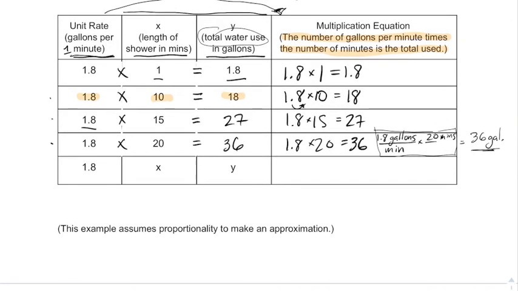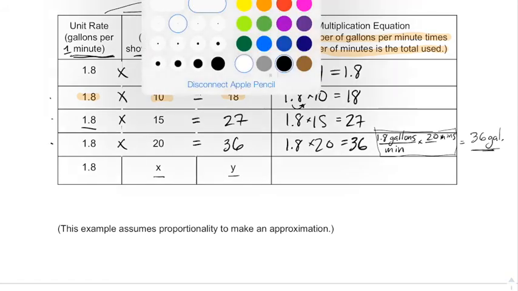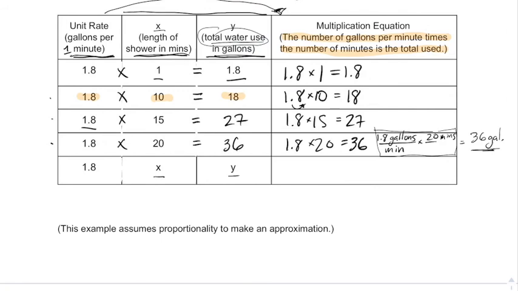So again, we're going to try to continue that pattern and try to write that multiplication equation using x as the length of the shower in minutes and y as the total water use in gallons. And I will wait. Pause it. Okay, and I'm just going to do my same thing here.